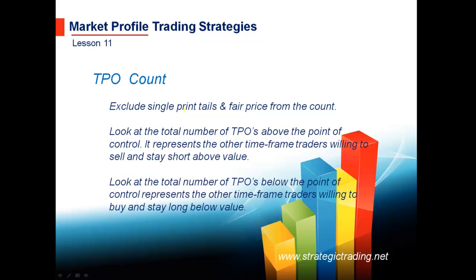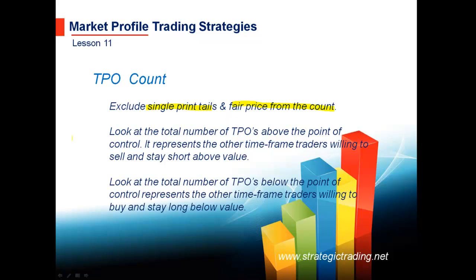First of all, when you see those two numbers at the POC, realize that they exclude all single print tails and all the TPOs at the fair price or the POC. So we don't ever include the single print tails or the prices at the actual POC. We're only looking at the prices with double prints or more above and below the POC.